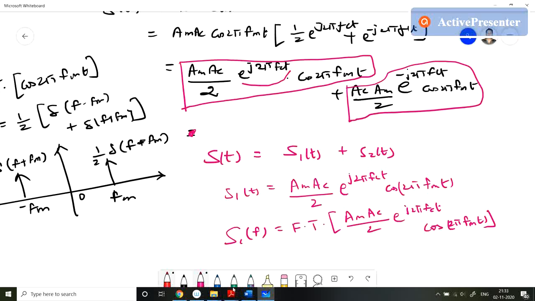Here we are going to apply the multiplication of this factor. So what will we get? We will get the frequency shift. The frequency will shift by fc. So the entire spectrum will shift by fc.